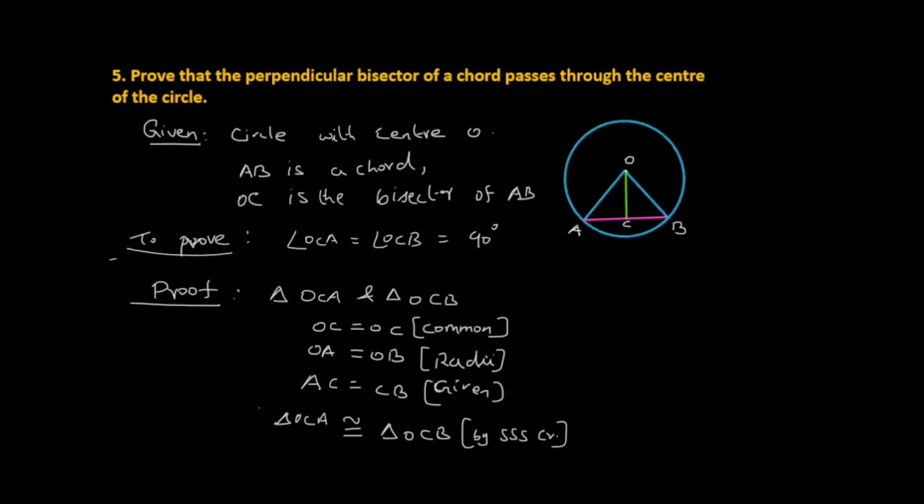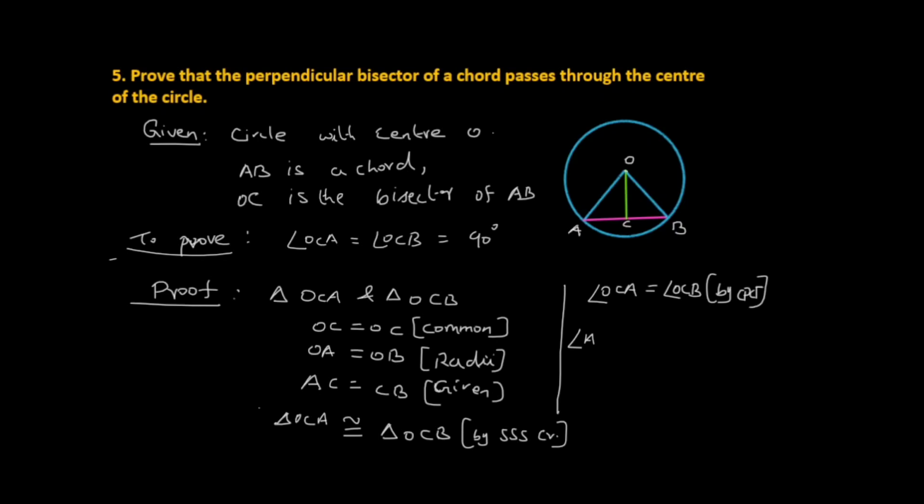So by CPCT, what can we conclude here? Angle OCA is equal to angle OCB by CPCT, corresponding parts of congruent triangles. And you know that AB is a straight line, so the angle at C is 180 degrees.